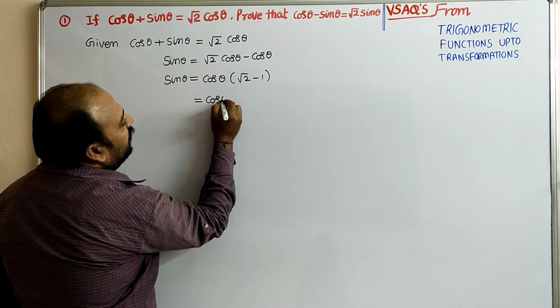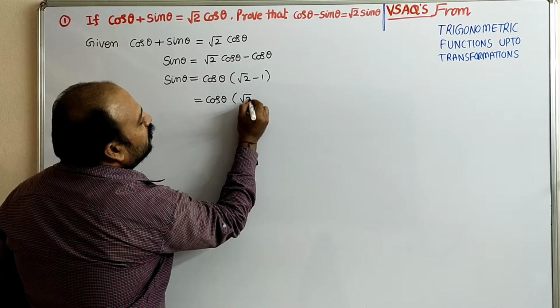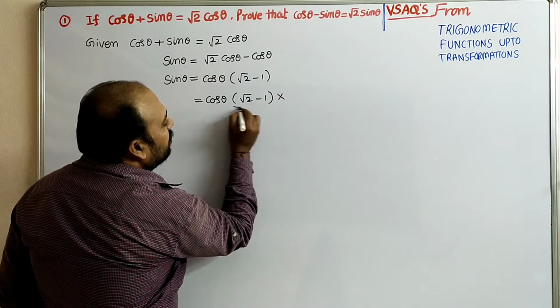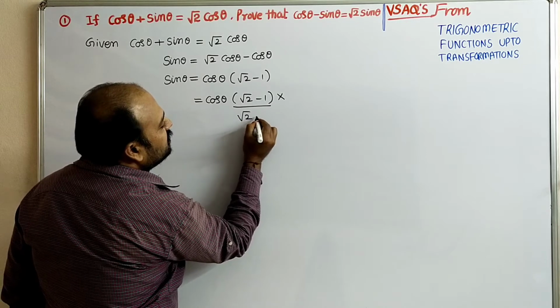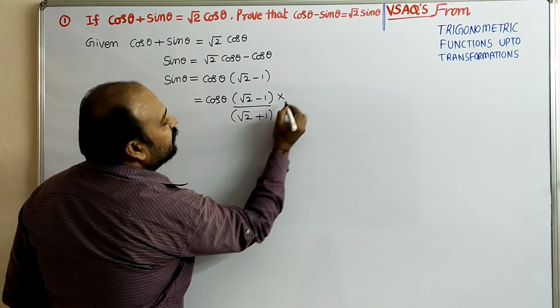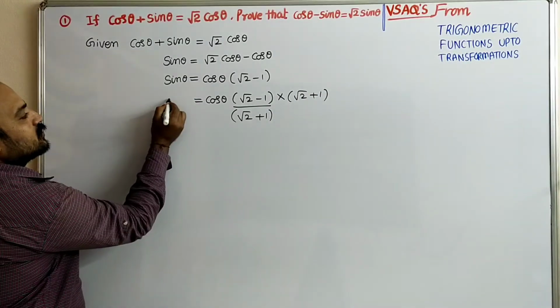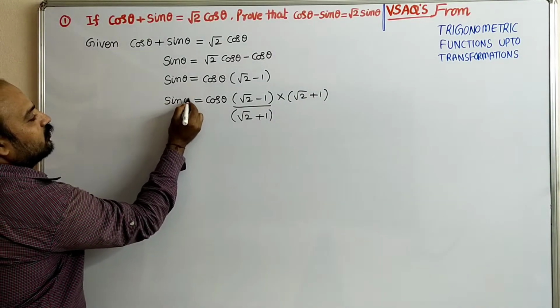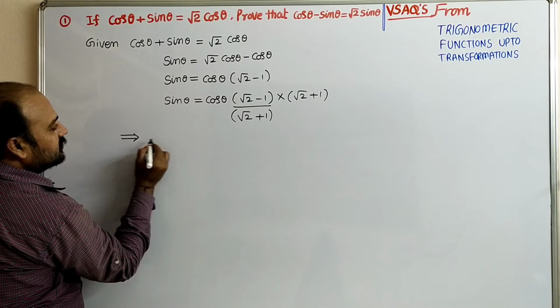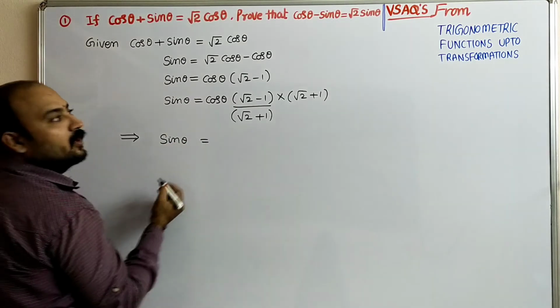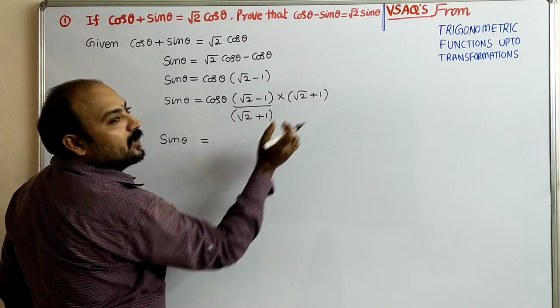Cos theta into root 2 minus 1, multiplying and dividing by root 2 plus 1. So sin theta equal to, this is the value. That implies that sin theta equal to, here a minus b into a plus b.